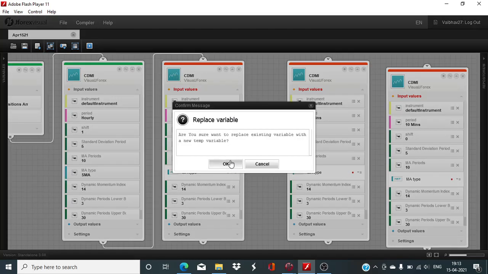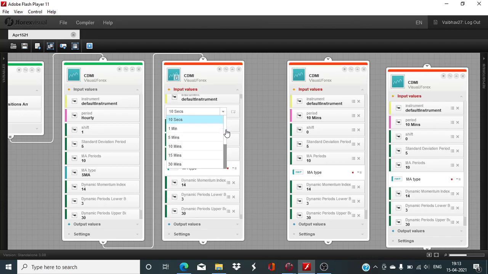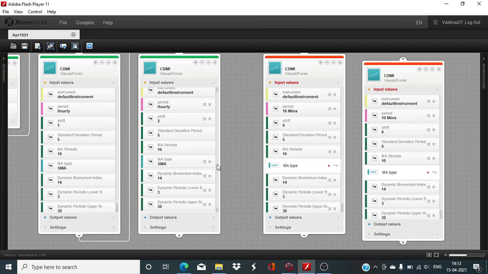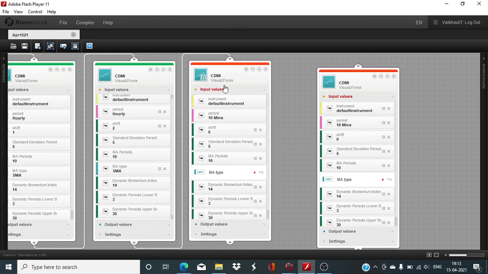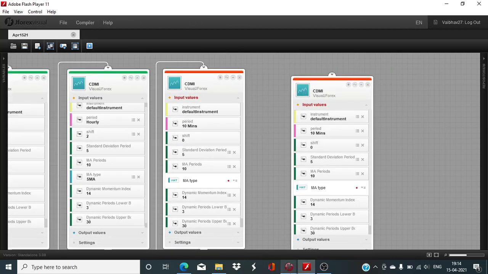This will be changed to hourly. And shift is going to be 2. The moving average type will be SMA. And this will be a 15 minutes time period.